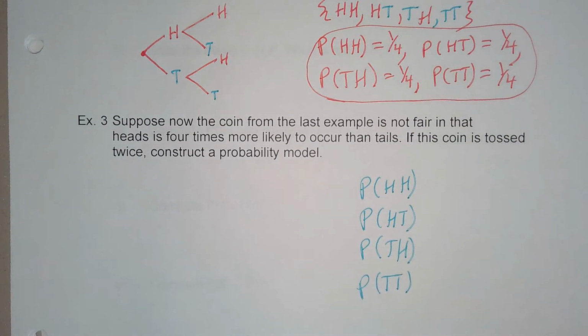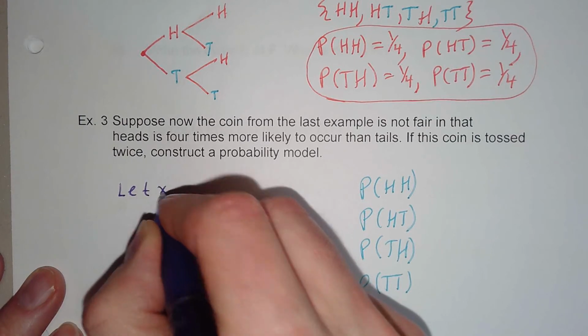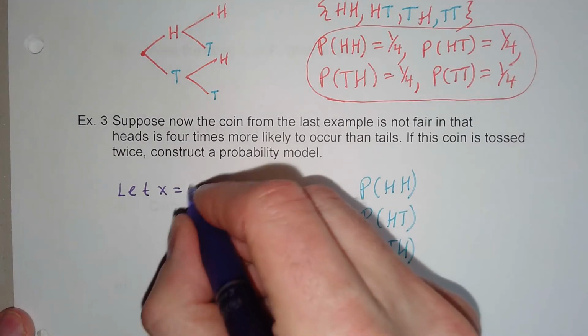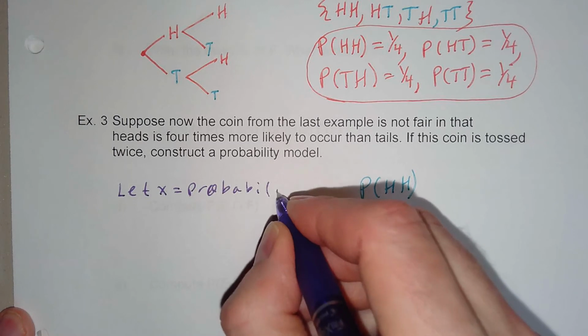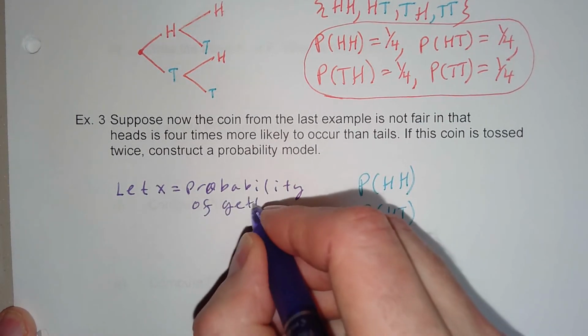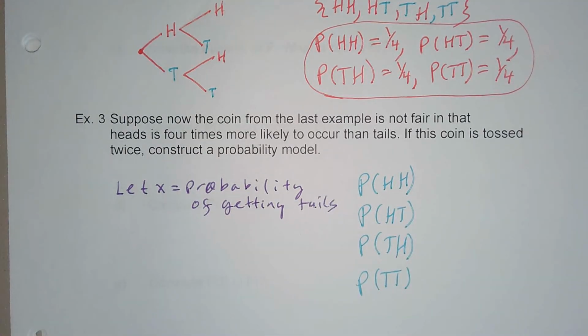So let's go ahead and let x be the probability that a tail occurs on a single flip of a coin. So we're going to let x be the probability of getting tails.